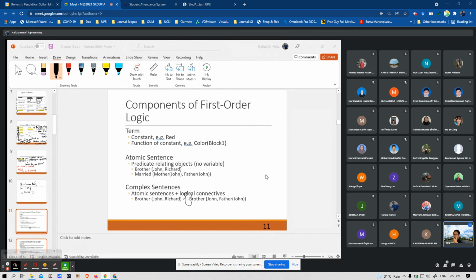Okay, a logical connective is used to combine atoms into a formula, by using the conjunction. Okay, here we have a conjunction, or disjunction. For the complex sentence here, we use the conjunction. Okay, this one is complex sentences. We combine two atomic sentences and a logical connective.